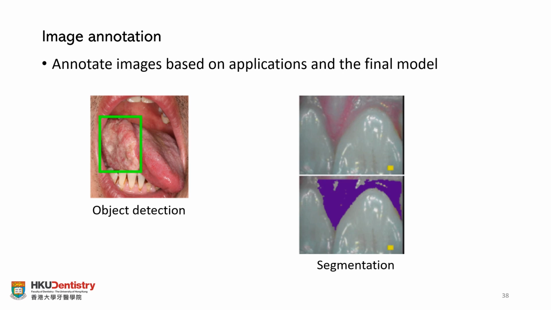But if your application is segmentation, for example for perio disease, where you want to find which area of the gum has infection or inflammation, you need to do segmentation, and you need to specify exactly which part of the image has that inflammation. So it needs more energy and time to perform segmentation annotation than object detection annotation.